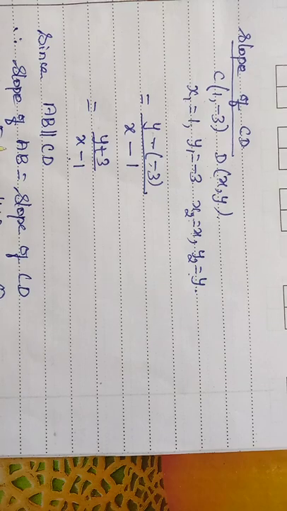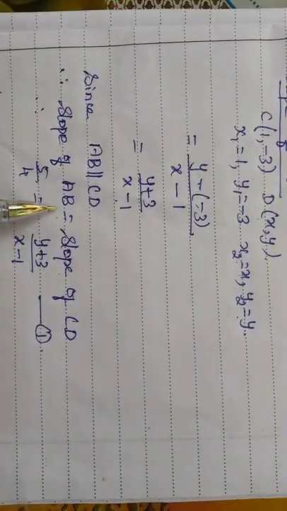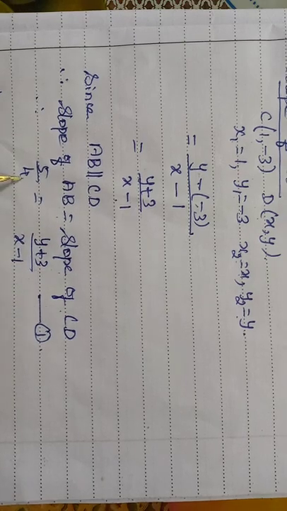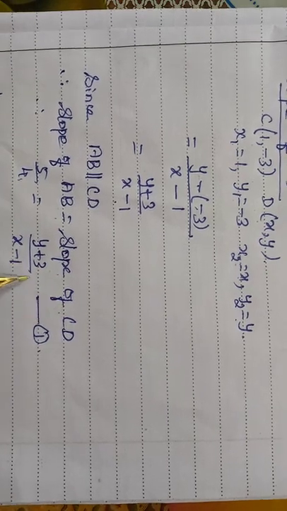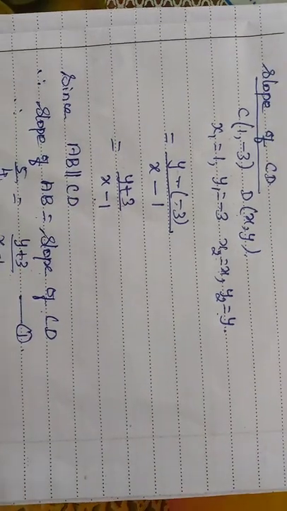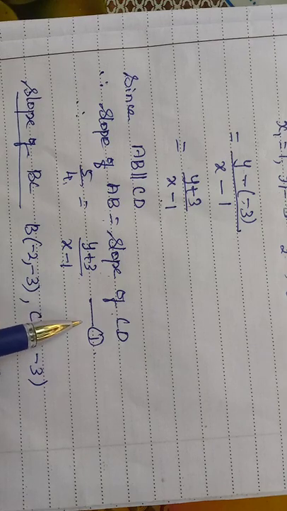So we can say slope of AB equal to slope of CD. Slope of AB we have 5 by 4, slope of CD we have y plus 3 by x minus 1. Let us equate it, and that is equation number 1.